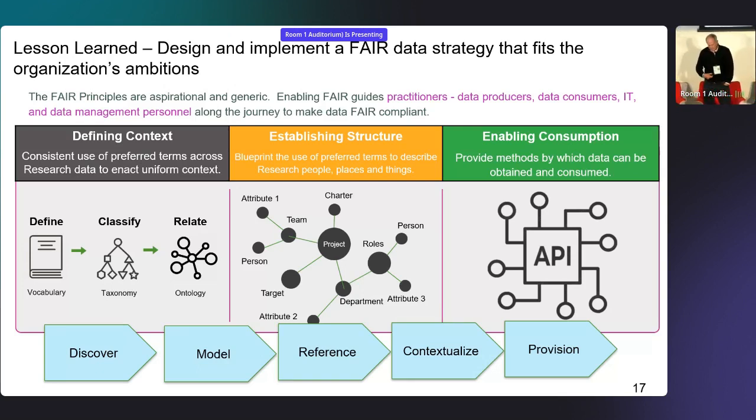And so it starts with this, and we leverage the process at the bottom where we discover all the artifacts and the blueprinting of the processes, et cetera. We'll model that against our conceptual data model and reference vocabularies, taxonomies, and ontologies, contextualize it into a graph around the business process, and then provision data through conforming APIs and other ways to deliver data.